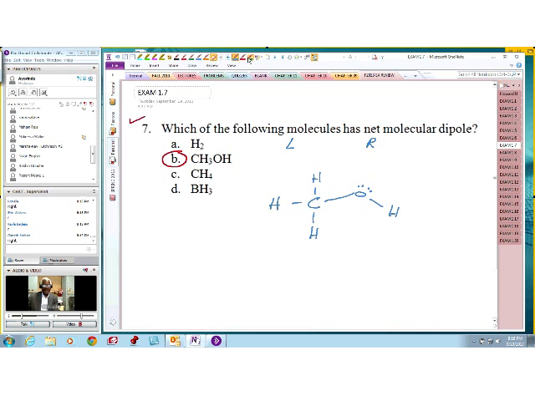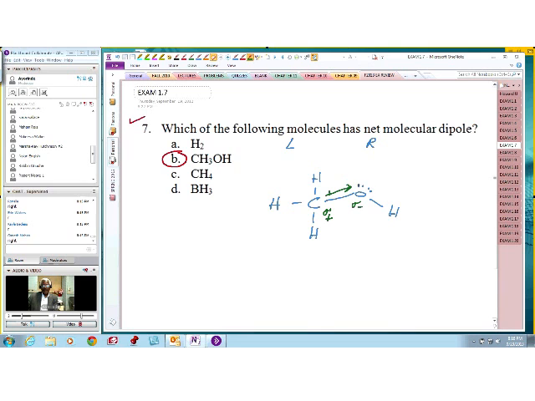So therefore the direction of this dipole with relation to this bond right here will be towards oxygen. So we expect to have a partial positive charge on carbon and a partial negative charge on oxygen.